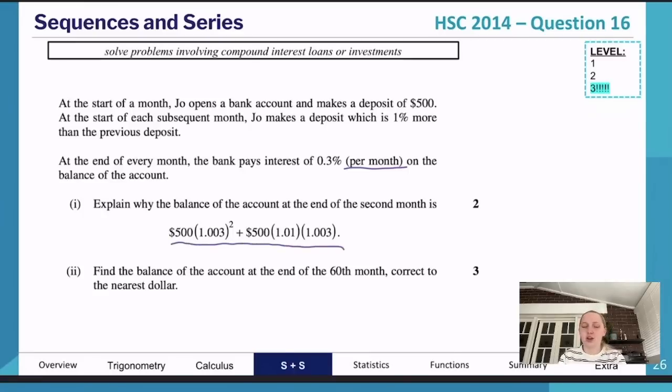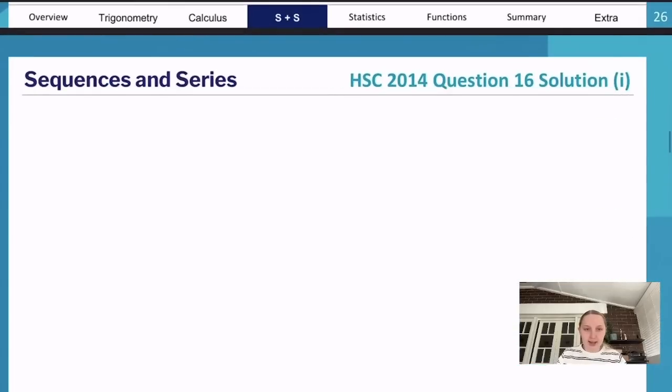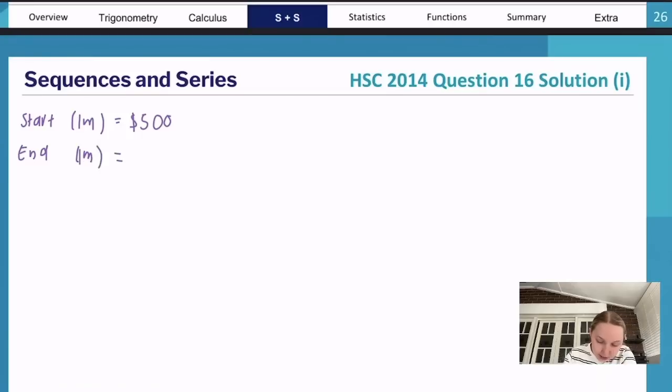Super common question they're going to give you, okay? So for part I, at the very start of the first month, she's got $500 in there, right? Then at the end of the first month, she's adding her interest, right?